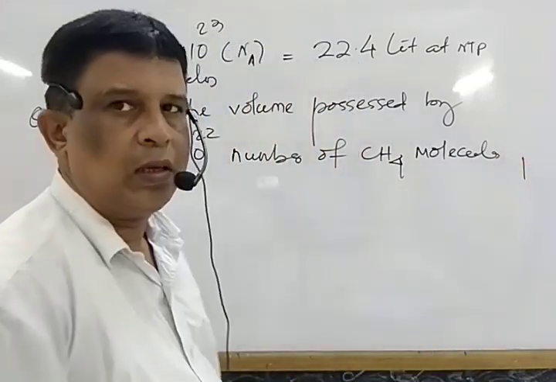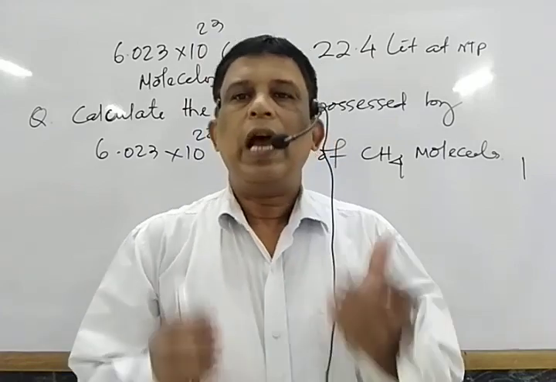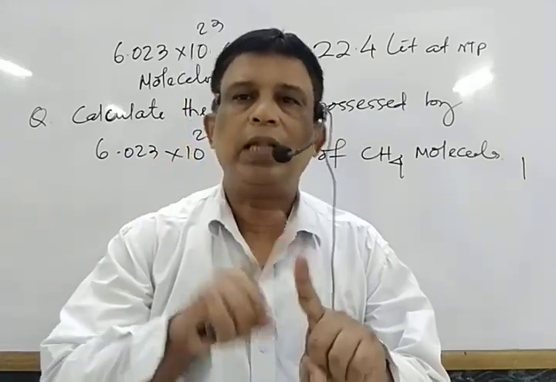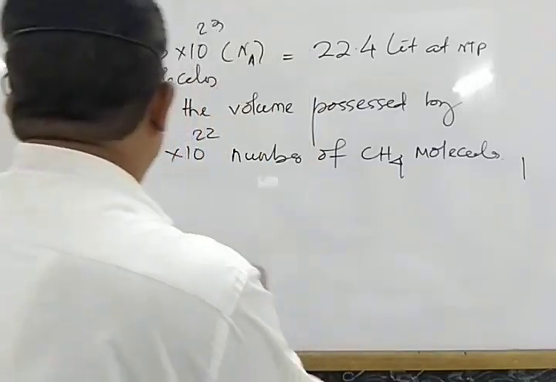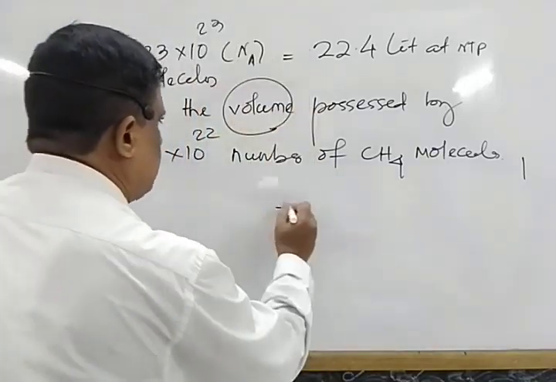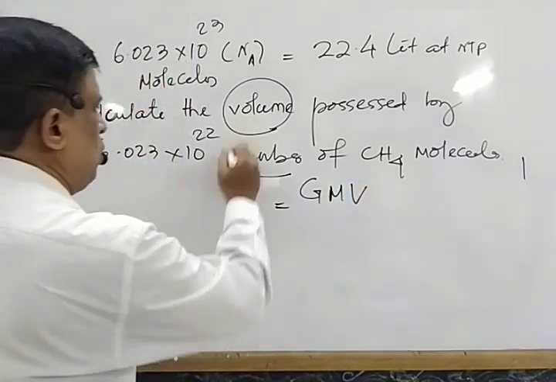Mark the question. I always advise you, read the question carefully and focus on the two relations. What are the two different terms given? Mark that. Calculate the volume means you write GMV possessed by this number.